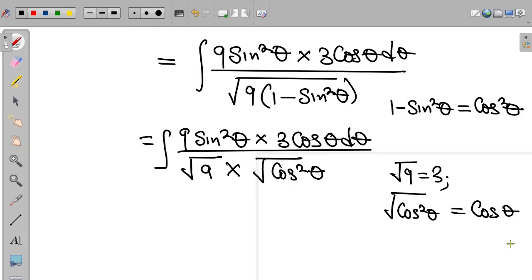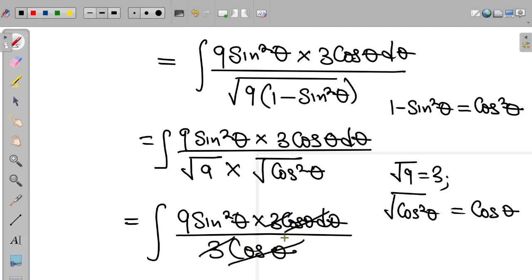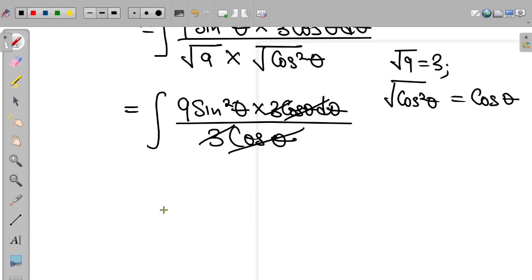So at this point, the integral becomes 9 sine squared theta times 3 cos theta d theta divided by 3 multiplied by cos theta. So cos theta will cancel cos theta, and 3 will cancel 3. So we'll be left with the integral of 9 sine squared theta d theta.